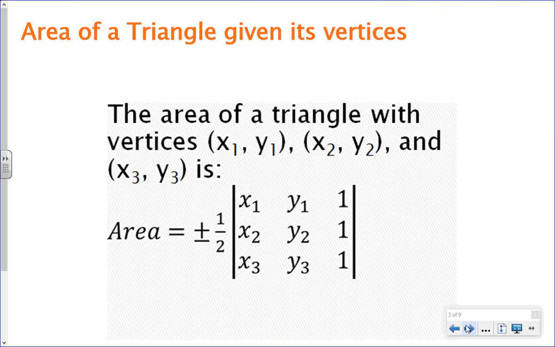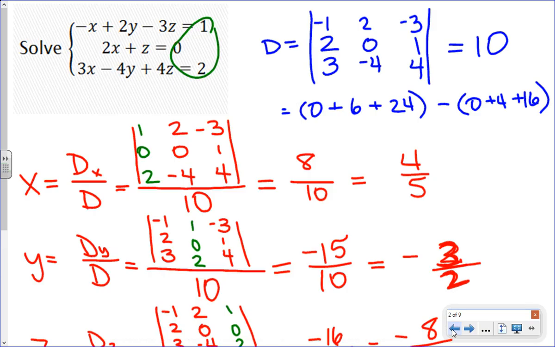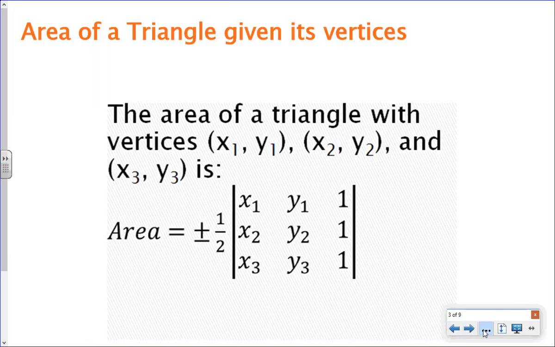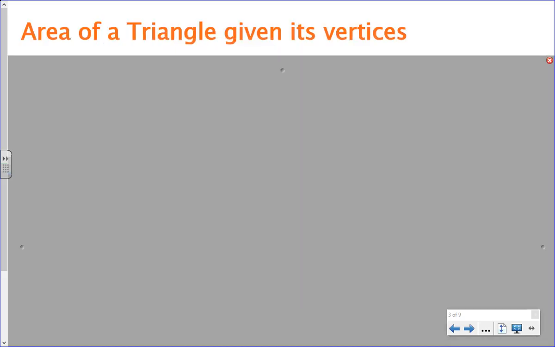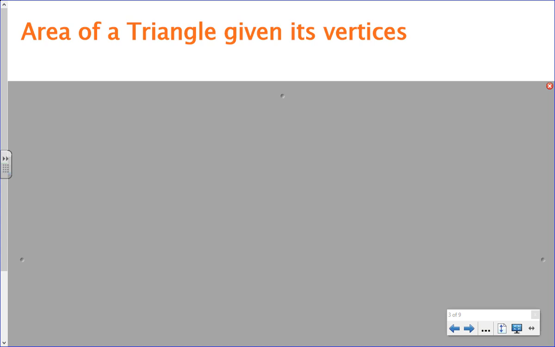All right. As it turns out, we can find the area of a triangle. Okay, some of you are looking at this like, oh my gosh. We can find the area of a triangle. Now let's think about it. If we have a triangle in the coordinate plane, how do you guys know how to find the area of a triangle?